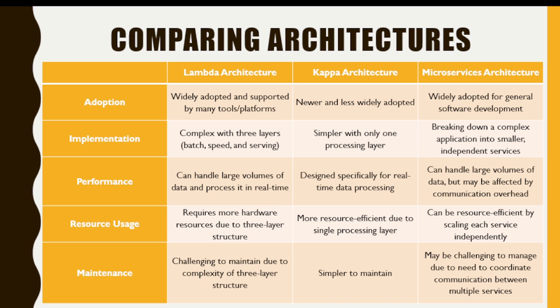Microservices architecture is widely adopted for general software development, but may require more effort to manage in a big data context. By understanding the differences and trade-offs between these architectures, you can make an informed decision on which one to use in your big data application and project.